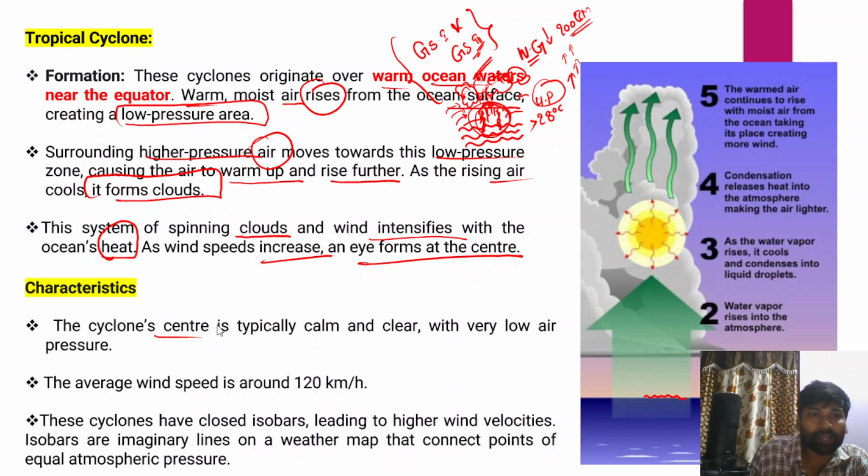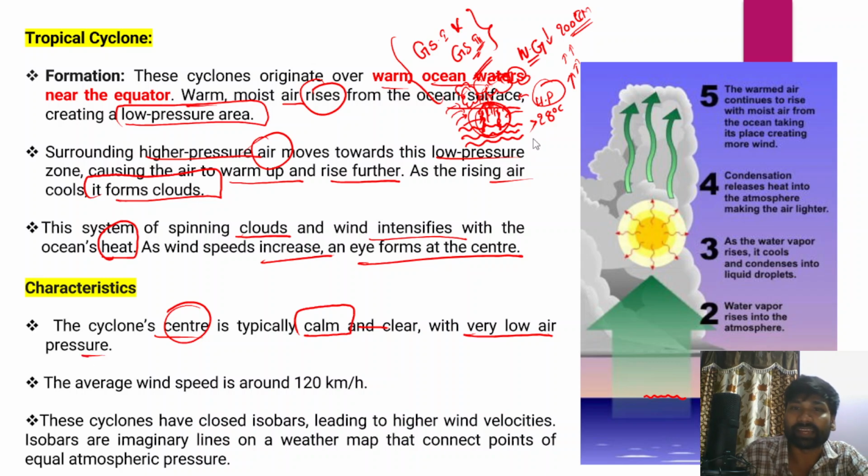These tropical cyclones have a center, and that center is typically calm and very clear, with low air pressure in the center, or cyclone eye. The average wind speed around this cyclone eye is around 120 km/h.